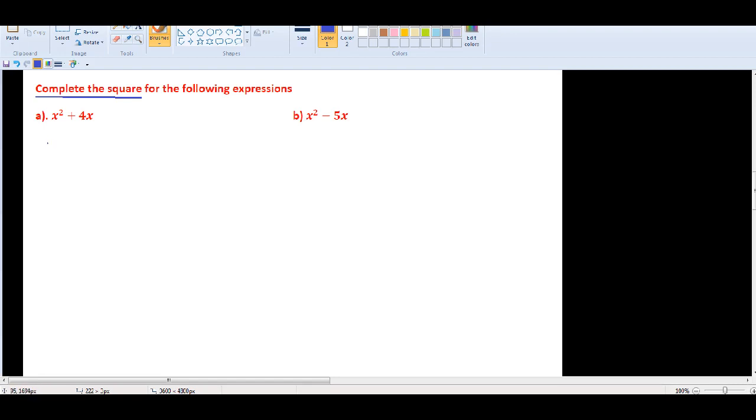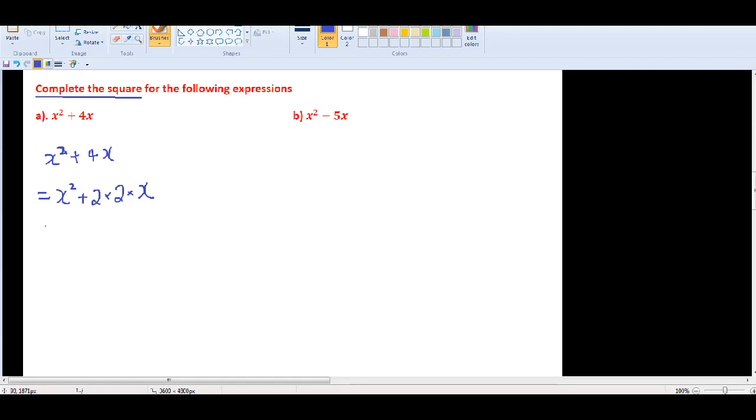First I'm going to copy the question. So the first step, I'm going to rewrite that 4 as 2 times 2, times x. It seems I'm doing nothing here, just rewriting that 4 as 2 times 2.